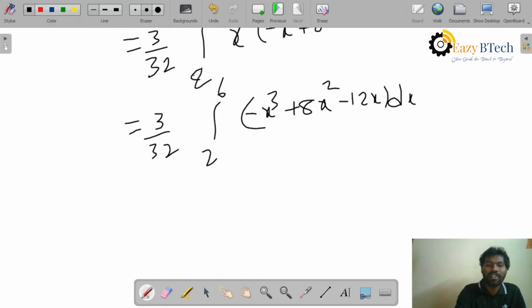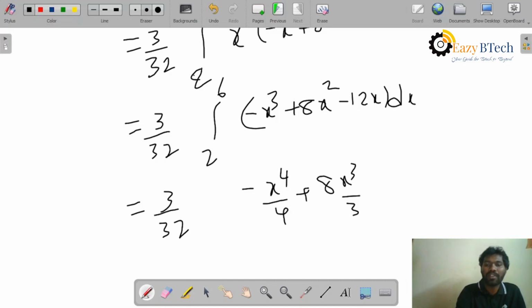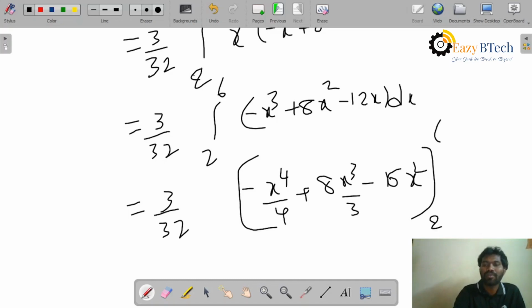Now I am doing the integral. The integral of x cube is x power 4 by 4, 8x square gives x cube by 3, and minus 12x gives 6x square, over the limits 2 to 6.